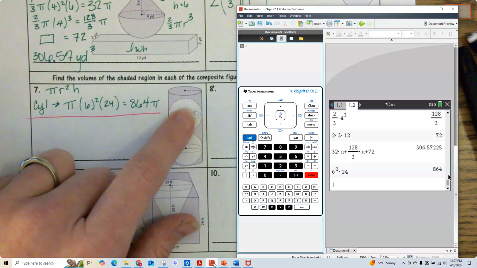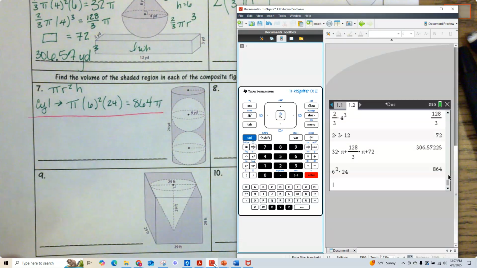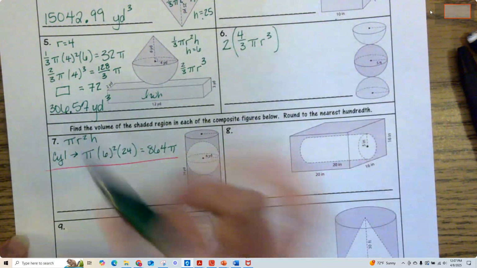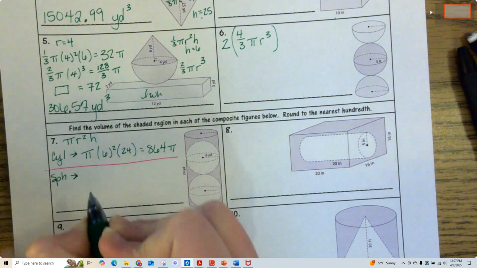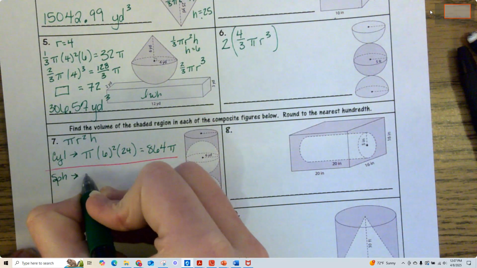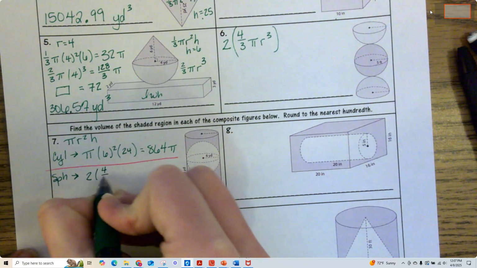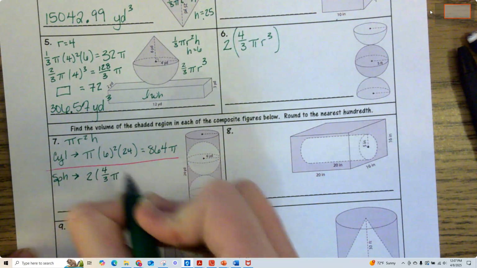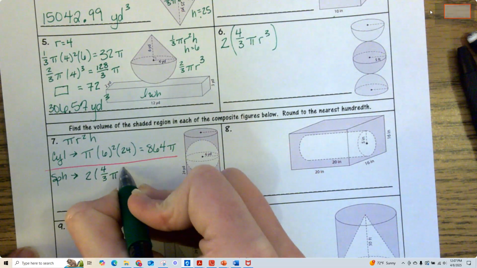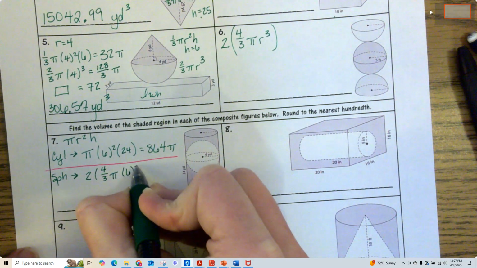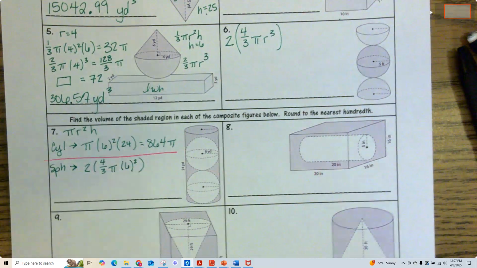We've got to subtract 2 spheres. So just like that other one, we can use this formula that I wrote you up here, because we've got 2 spheres. So the sphere is going to be 2 times 4/3 times pi, and then the radius is 6 squared. A little gross.